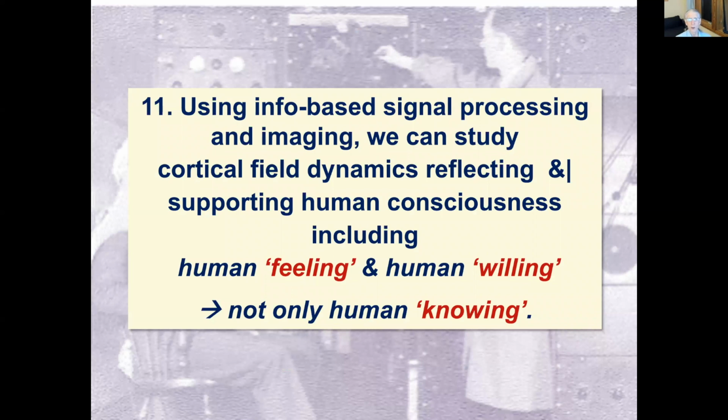Okay, so using information-based signal processing and imaging, we can study cortical field dynamics, supporting human consciousness. But what about human feeling and human willing? Not only human perception, memory, strategy, and so on.